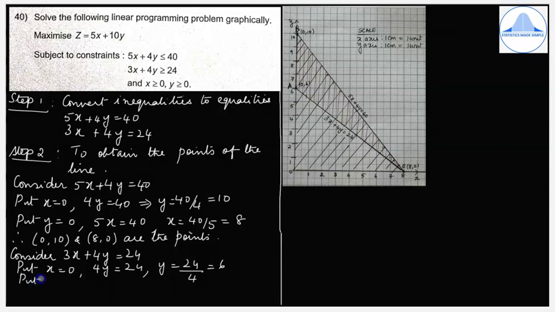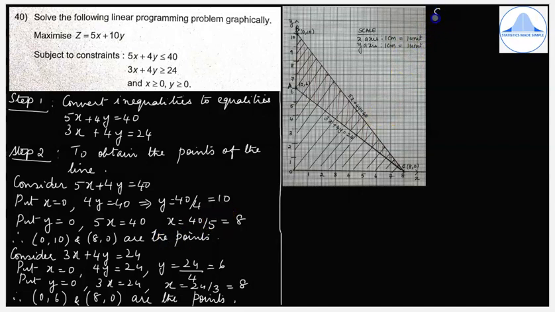And when you put y equal to 0, you will get 3x is equal to 24, or x is equal to 24 divided by 3, which is equal to 8. Therefore (0, 6) and (8, 0) are the points of which line now? They are the points of 3x plus 4y equal to 24.